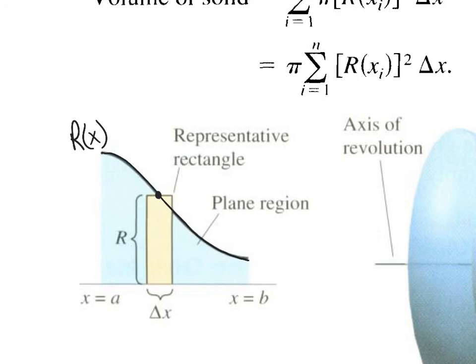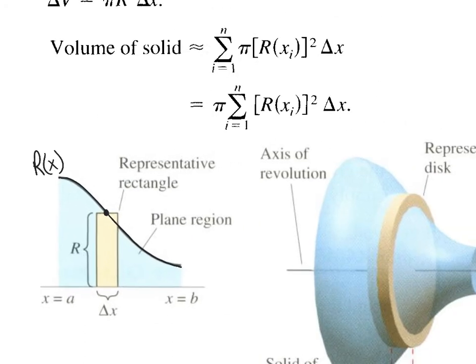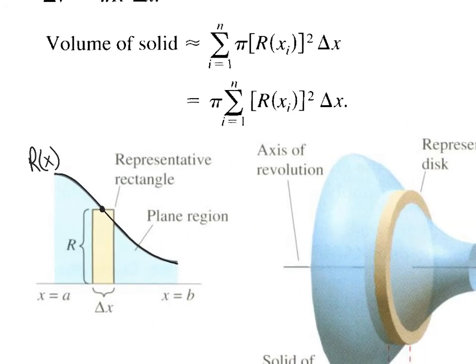So you'll notice we're kind of going back to that whole idea of the Riemann sums to figure this out. One disk is going to be W times R squared times pi.